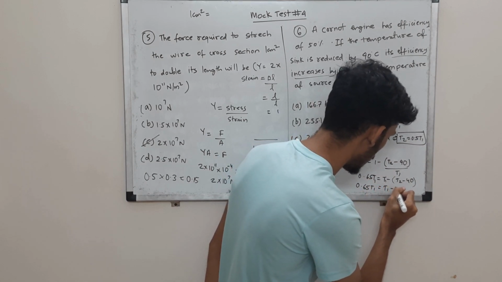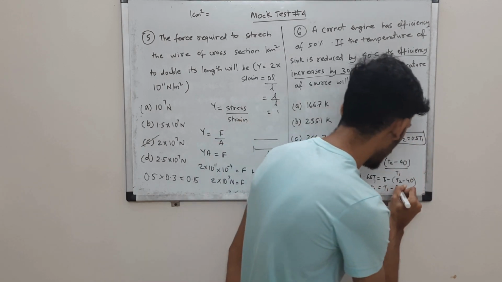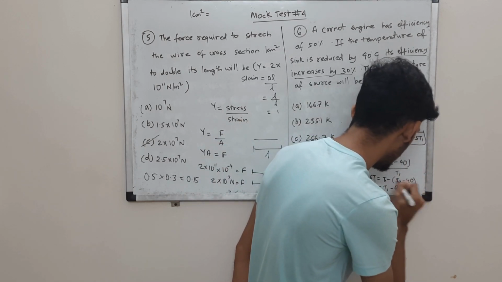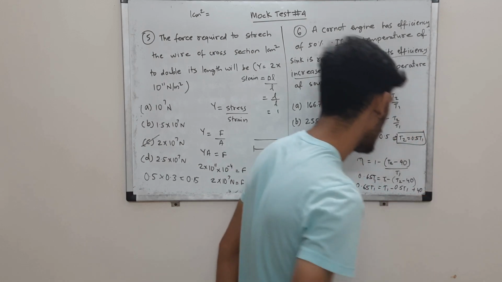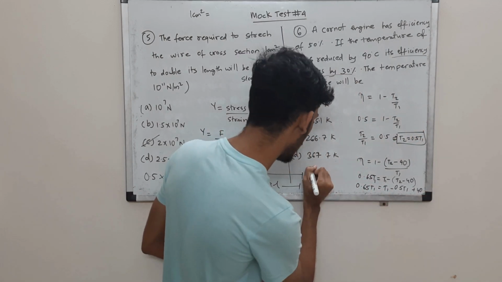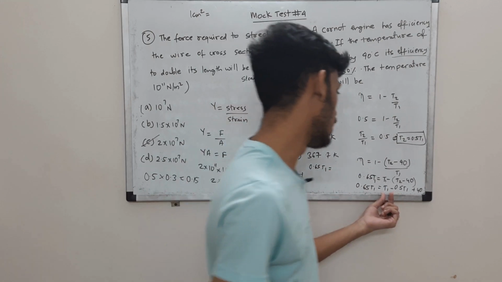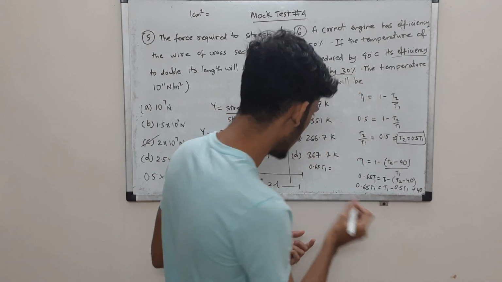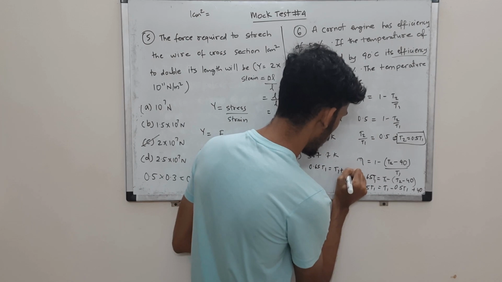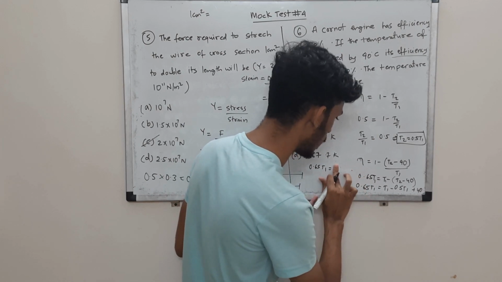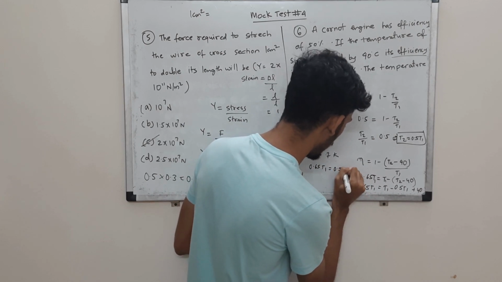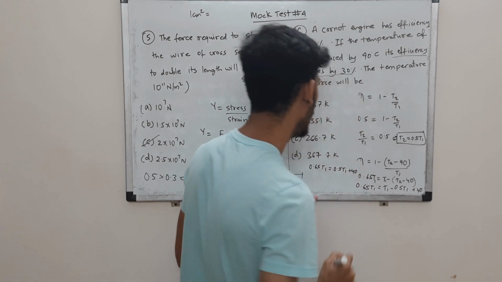So T1 minus 0.5 T1, and this minus minus will make it plus. So now this will again make it 0.65 T1. So T1 minus 0.5 T1 will be 0.5 T1, and here we'll have plus 40, right?